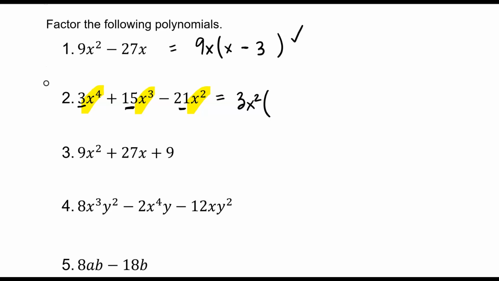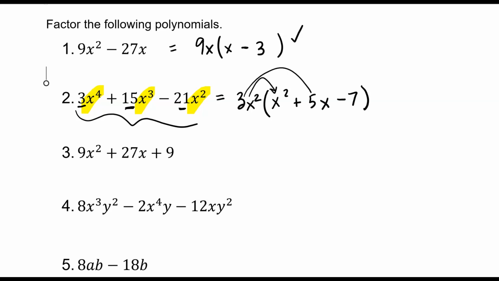So 3x squared times what will give you back this entire polynomial? x squared plus 5x minus 7. And always go back and multiply this in your head to ensure that you get 3x to the 4 plus 15x cubed minus 21x squared.